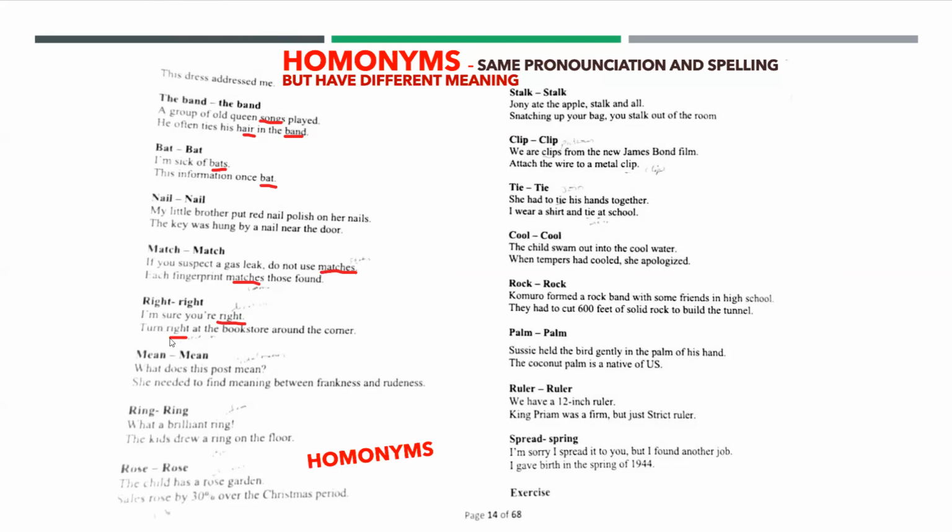The next sentence is: turn right at the bookstore around the corner. Here they are trying to give directions to someone, whether right or left, it is the direction. In the first sentence it is about a decision, and the next sentence is about directions. So the word is the same, pronunciation is the same, spelling is the same, but the meaning is totally different.